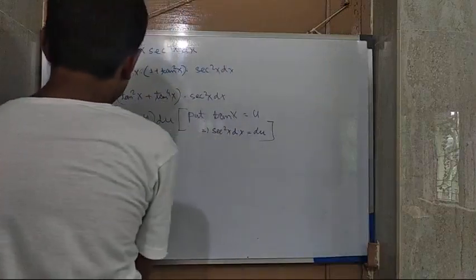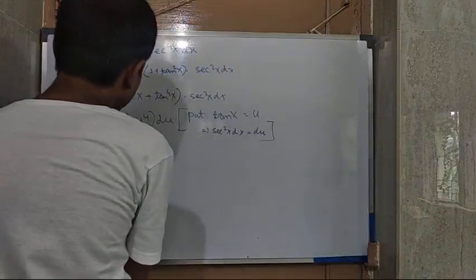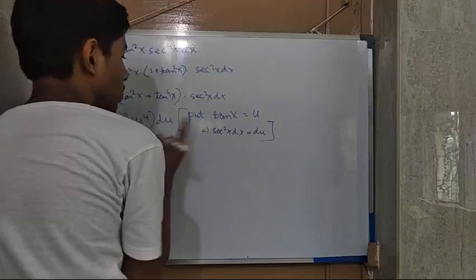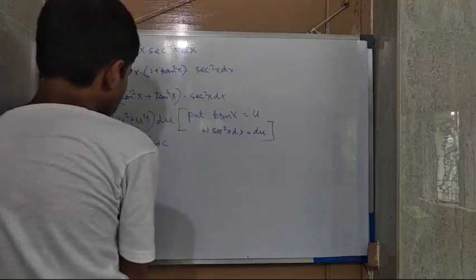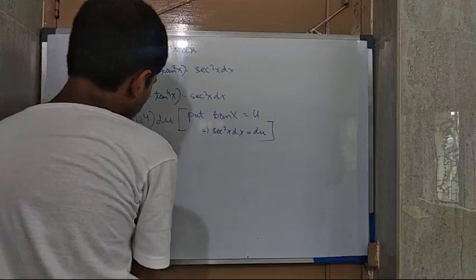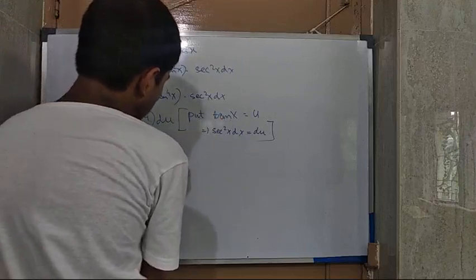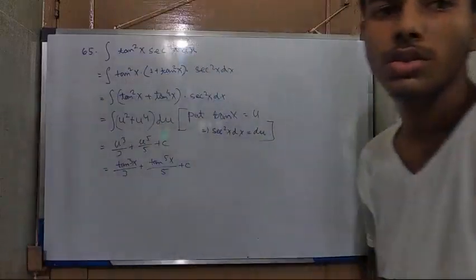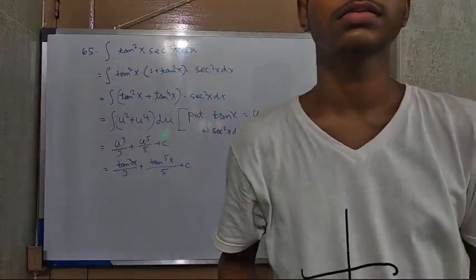This is actually u cube by 3 plus u to the power 5 by 5 plus c, where u is tan x, so this is tan cube x by 3 plus tan to the power 5x by 5 plus c. So this is our 65th question.